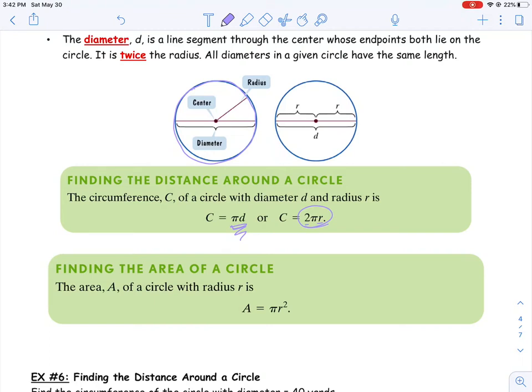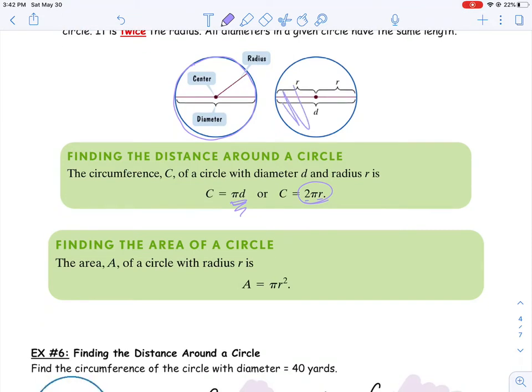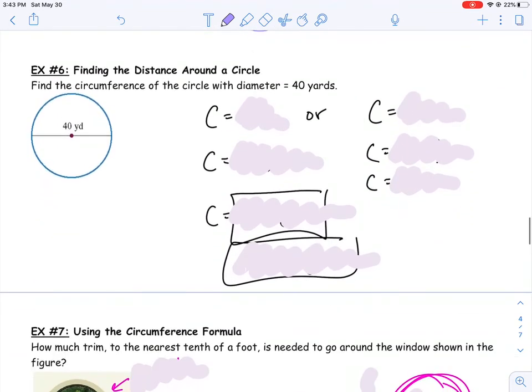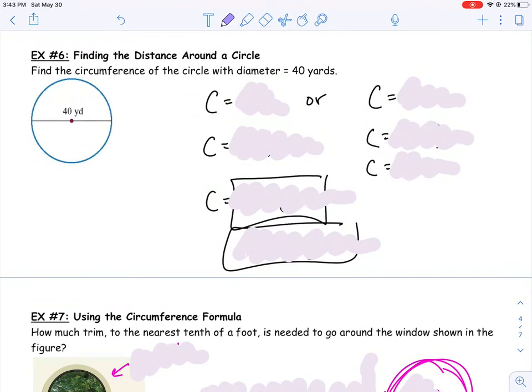Either way gives you the same answer. Now the area of a circle, the stuff on the inside, is pi r squared. So we have circumference and then we have area. Make sure you find those formulas on your formula sheet in case they ask you about circles. Let's do a few examples.